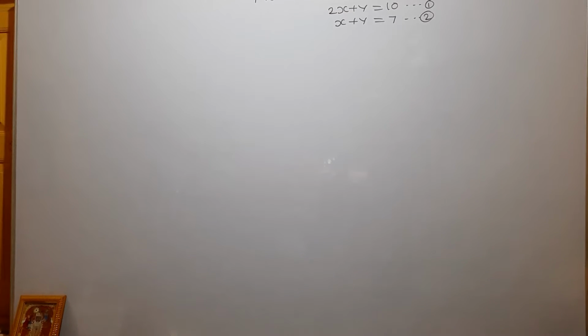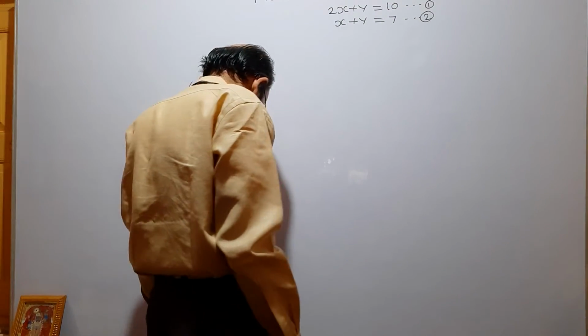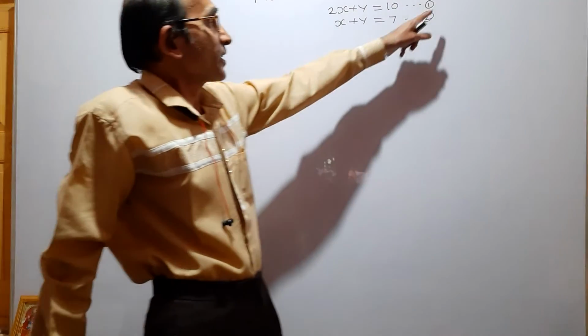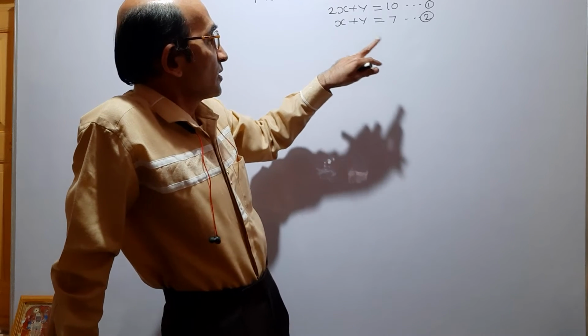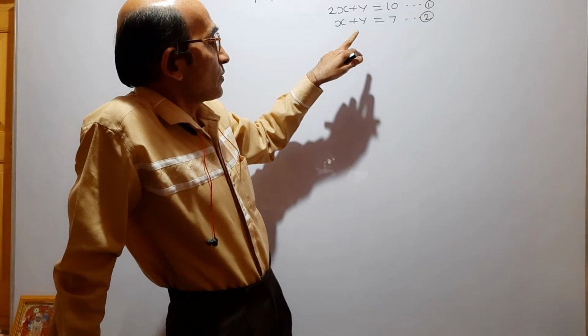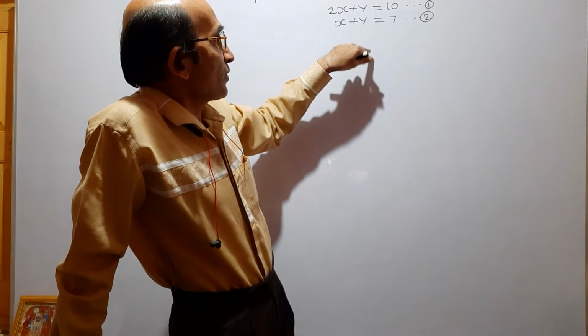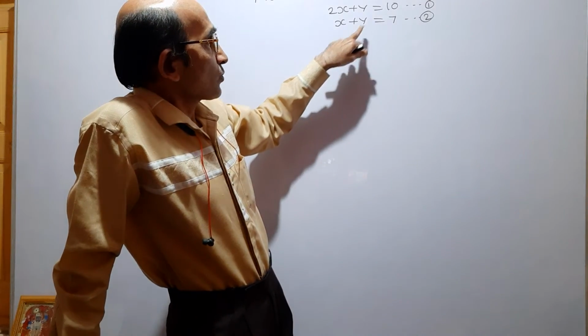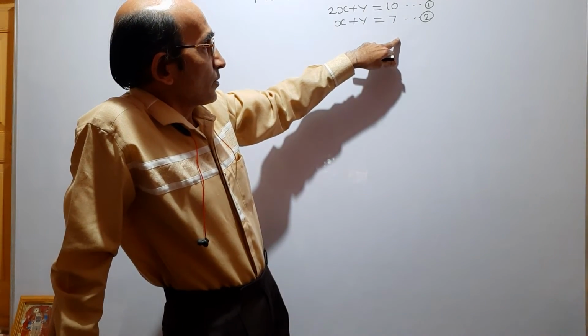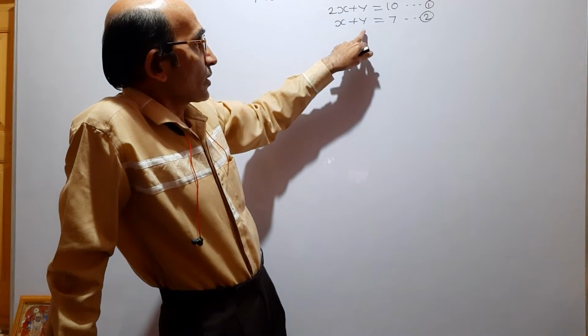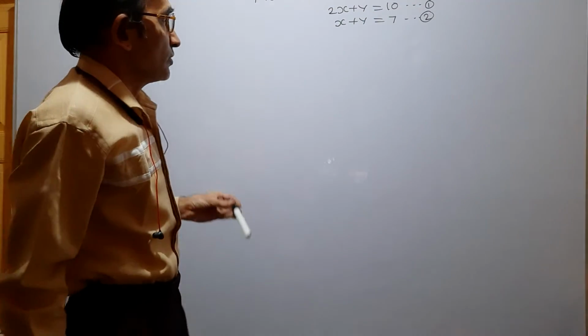The second method to solve linear simultaneous equations is elimination by substitution method. Consider these two problems: 2x plus y equal to 10 and x plus y equal to 7. As the name indicates, we take the value of one variable in terms of the other variable from one equation and substitute it in the other equation.